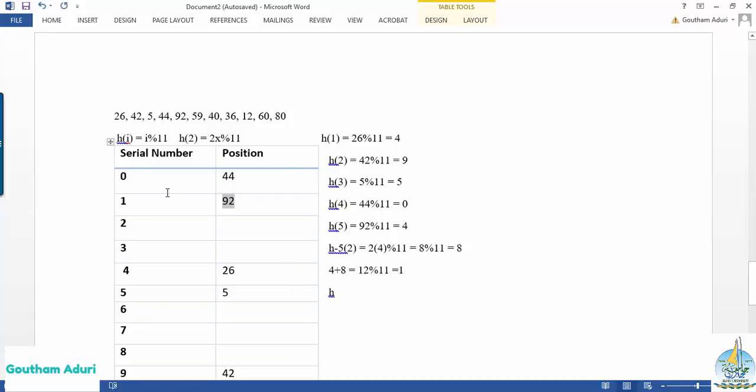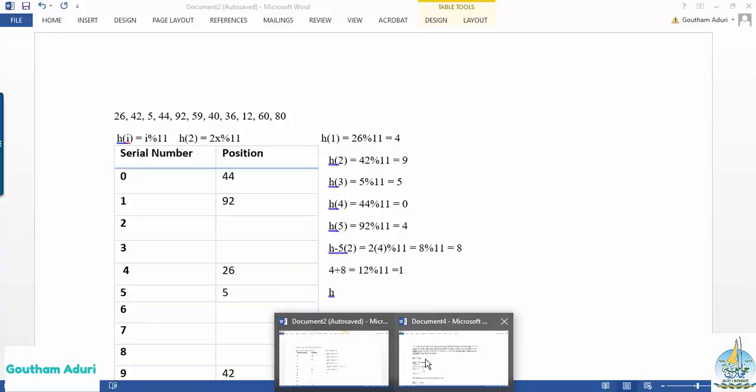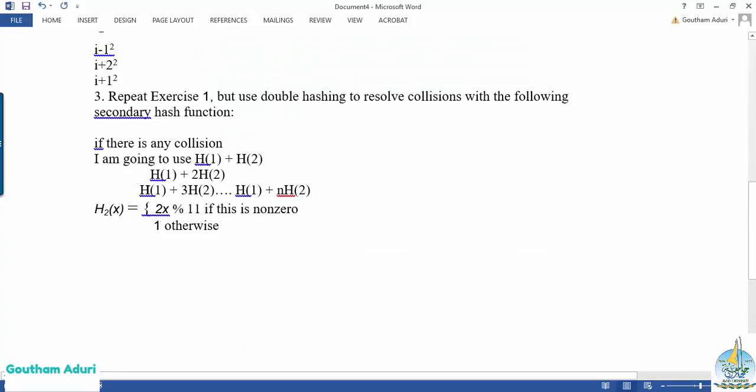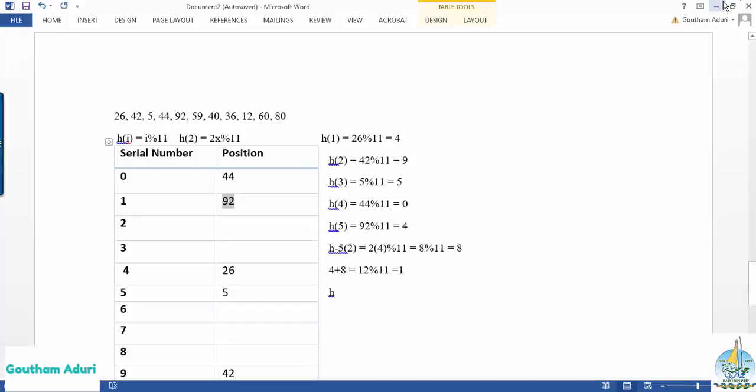I am using the secondary hash function, which the question says to use. h2 of x is 2x mod n, so 2 into x, where x is this value, 8 mod 11, which is 8. I have to add h1 plus h2 and take modulus of 11. The value you get is the position. So 12 mod 11 is in the first position.